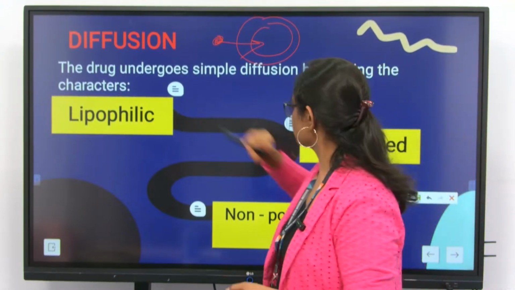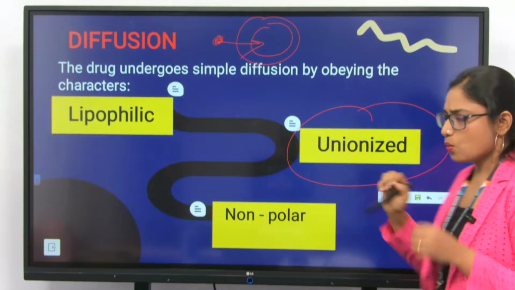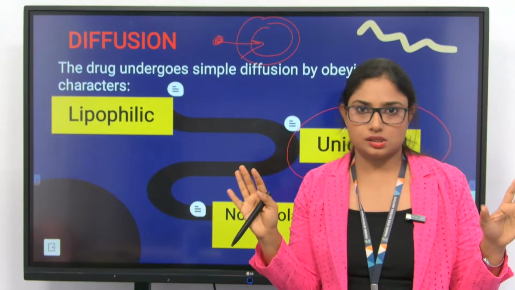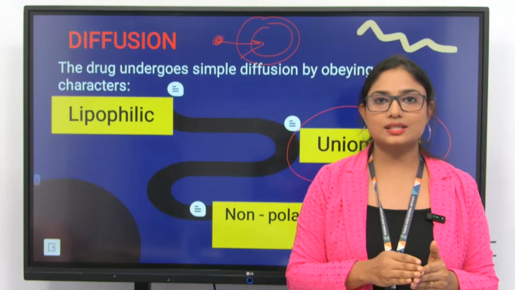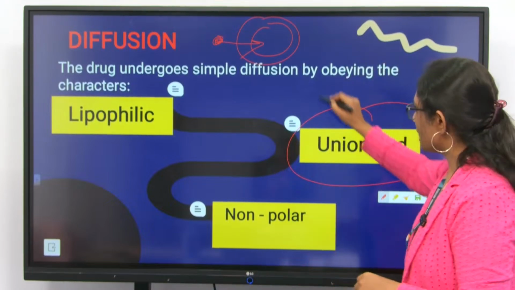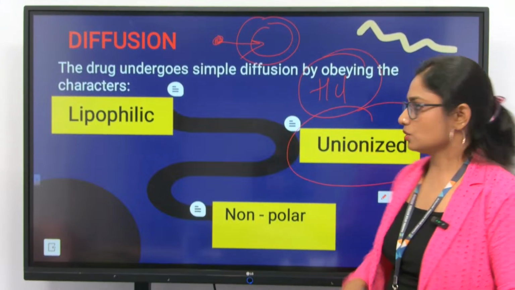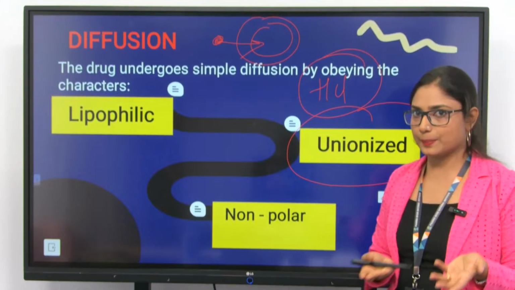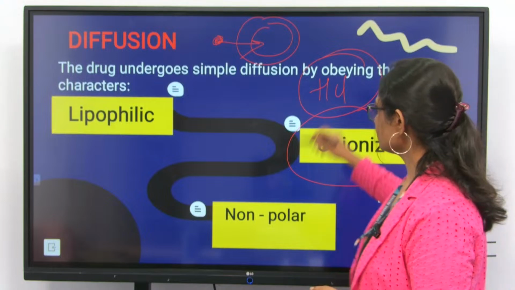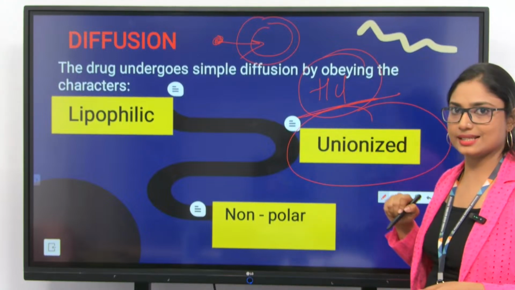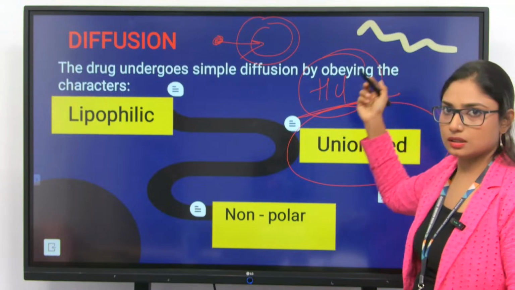And next is unionized. What is unionization? That means without ions. Which are the ions? Cations and anions. So a drug should be free of its ions. This is just an example of a drug which is HCl. HCl as such is in an unionized state, isn't it? No ions on HCl.